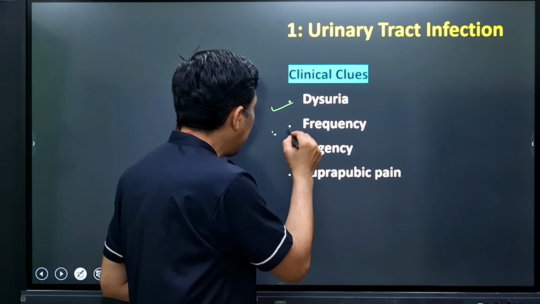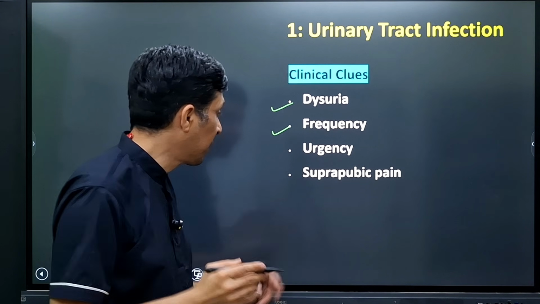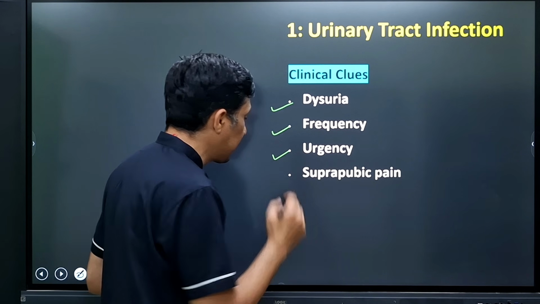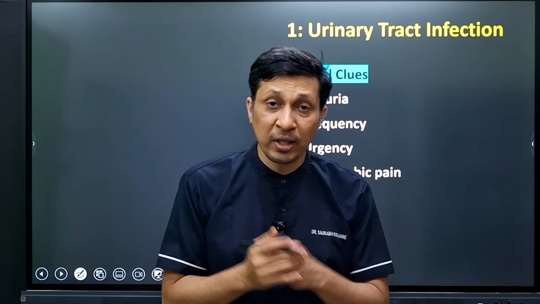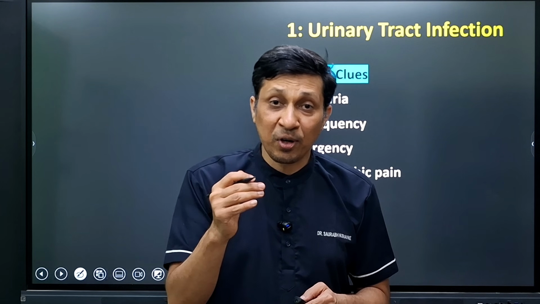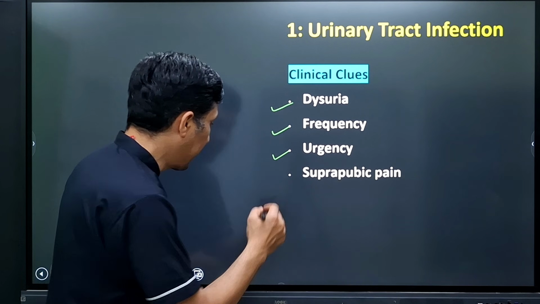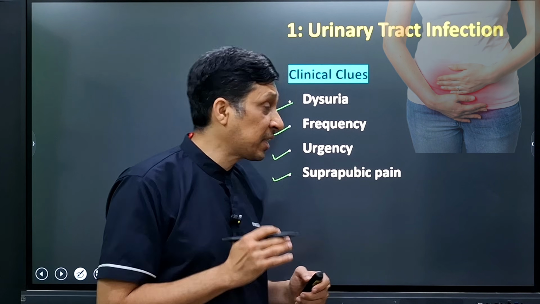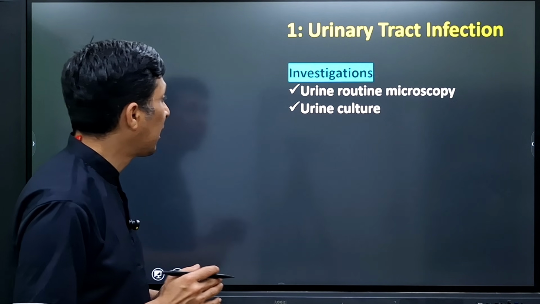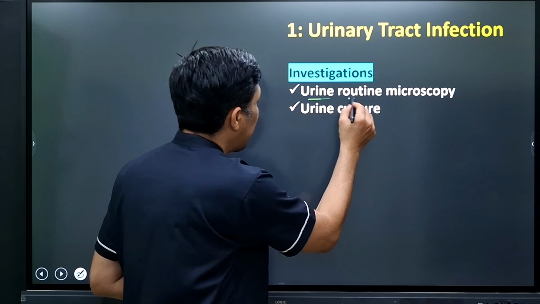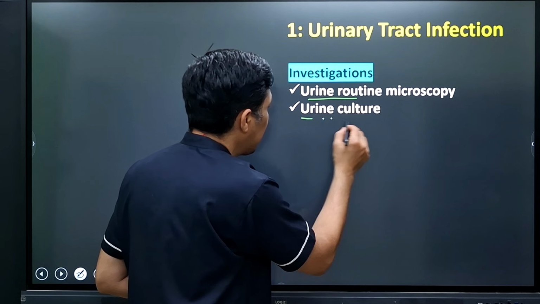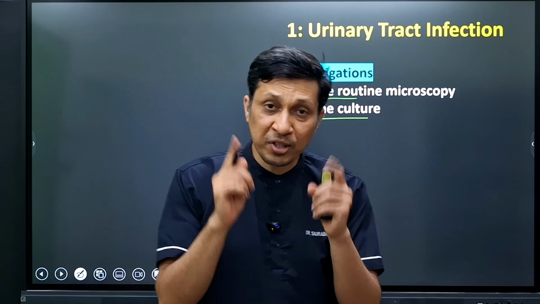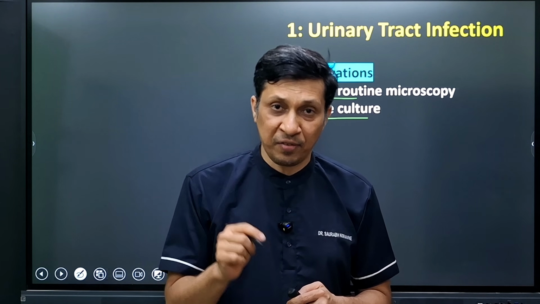Then there is increase in the frequency of urine. Then there is urgency, the patient is not able to hold the urine and it's urgent for the patient to pass the urine. And the fourth is suprapubic pain. And the investigations that we have to do here are first urine routine and microscopy and then urine culture. So this was the first cause, that is urinary tract infection.